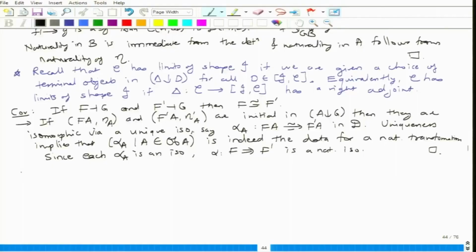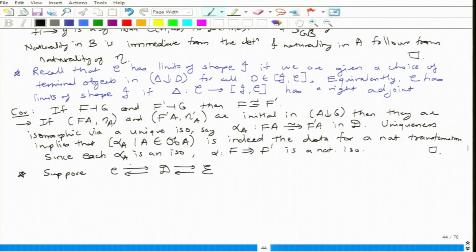Wonderful. Now this uniqueness can also be used quite cleverly. Let's call this a simple proposition. It's very simple. We'll combine this corollary with another result to obtain something very interesting. So suppose we have three categories C, D, E, and we have got four functors.